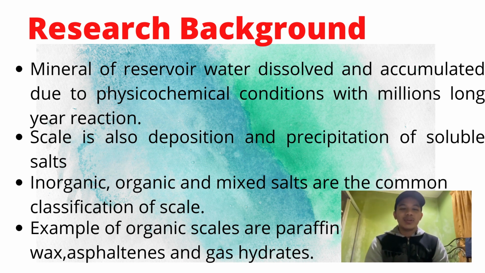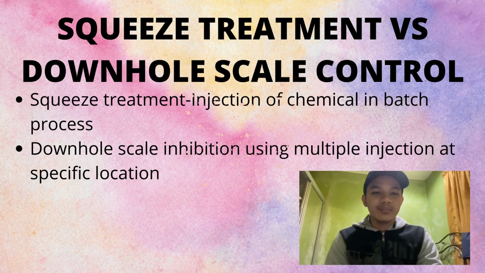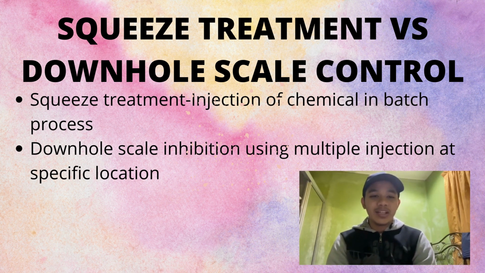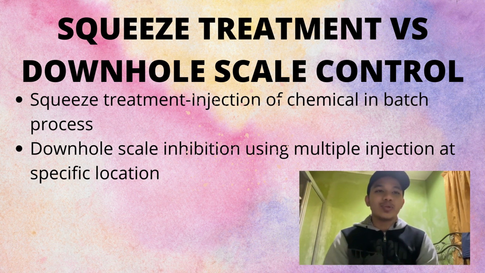Squeeze treatment versus downhole scale control. Squeeze treatment is an injection of chemical in a batch process. It is important to know the volume of water returned back in the production line after we inject the chemical, because we want to identify the squeeze lifespan in the well.